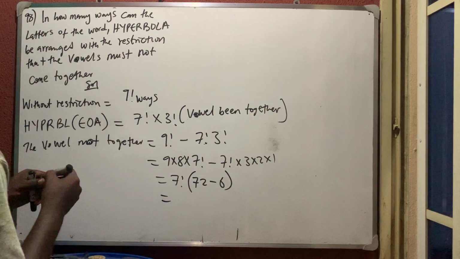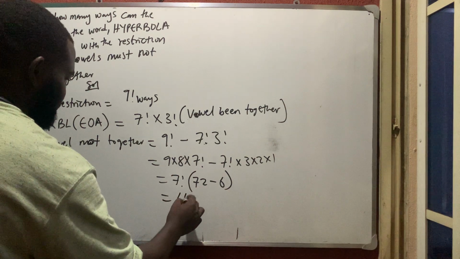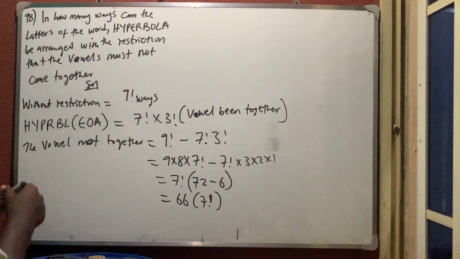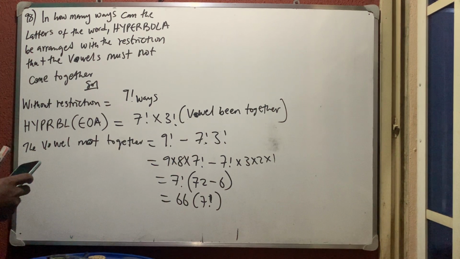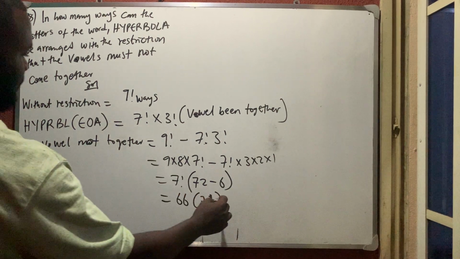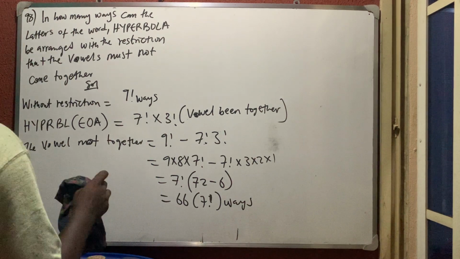So what do you have? 72 minus 6, I'm having 66. 66 bracket 7 factorial. So that is the answer: 66 times 7 factorial ways. Okay, so that is that.